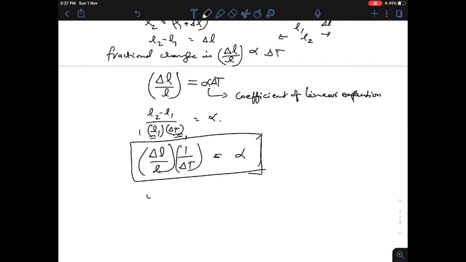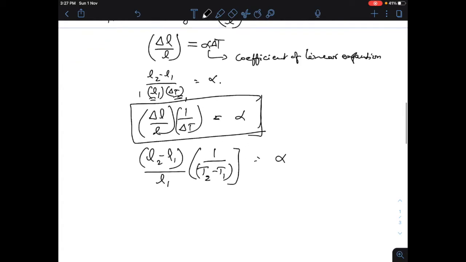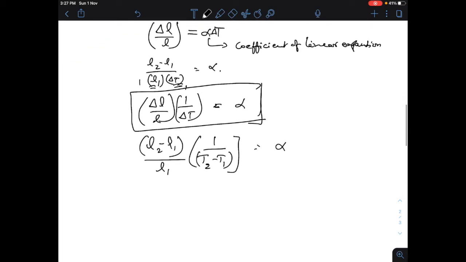Or I can write delta L is what? L2 minus L1. L2 minus L1 by L1 into 1 by, let me put this as T2 minus T1 change, is equal to alpha. Then I can write L2 minus L1 is equal to L1 into T2 minus T1 alpha.